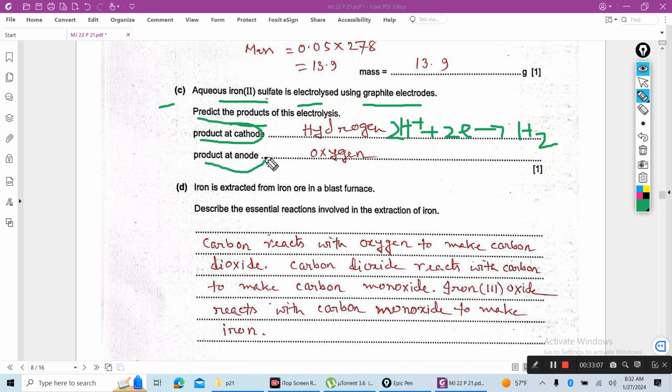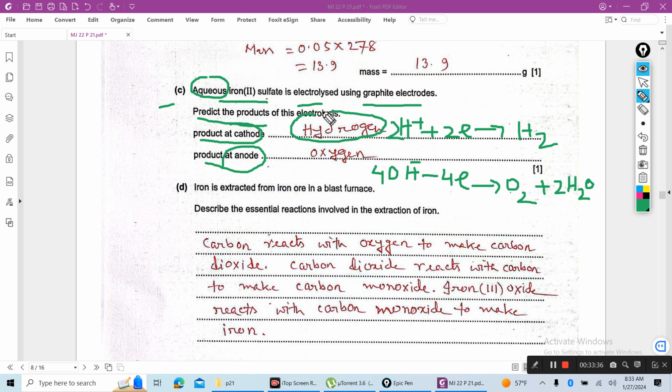At the anode, as with sulfuric acid, hydroxide ions are oxidized to produce oxygen and water. So at the cathode the answer is hydrogen, and at the anode the answer is oxygen.